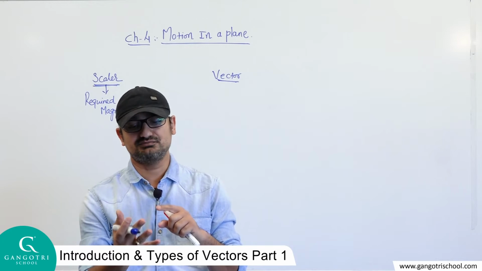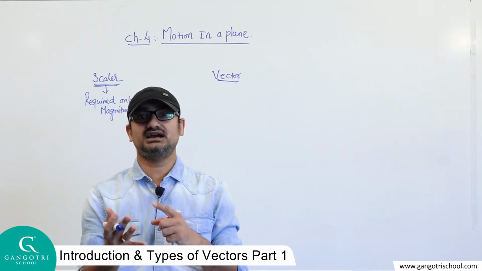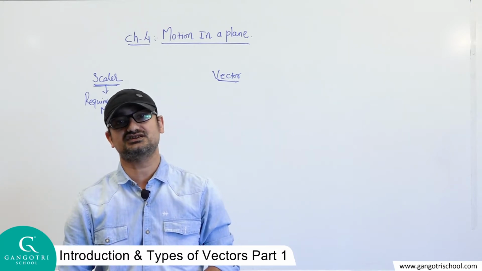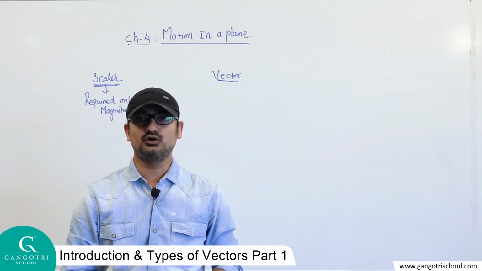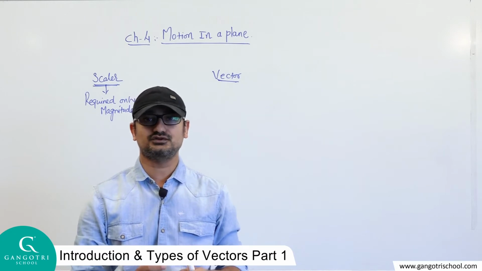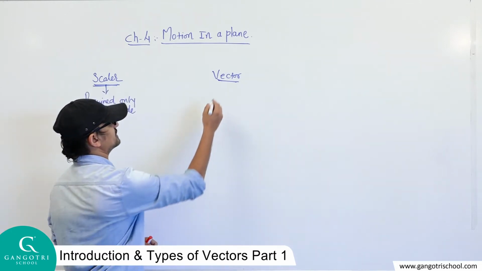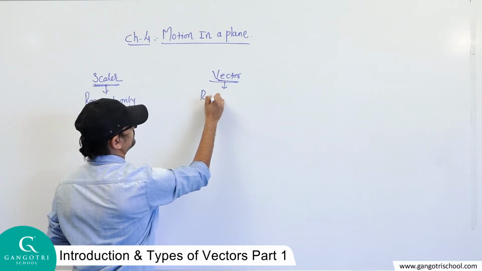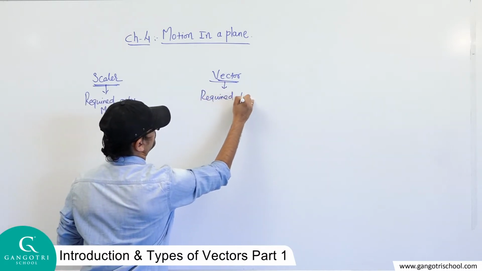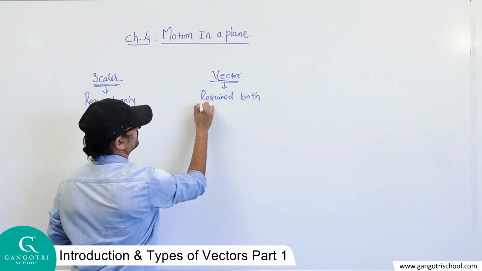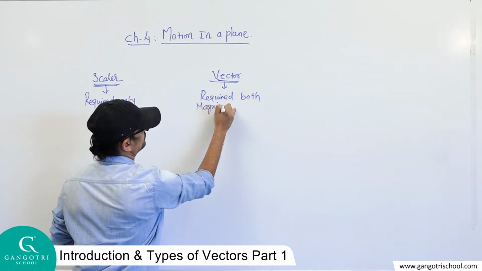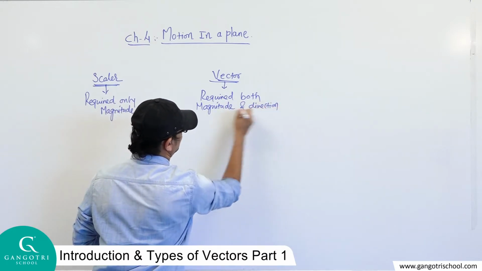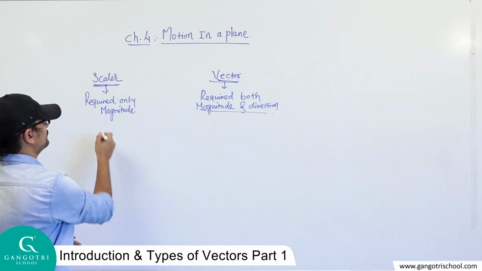How much means magnitude is involved, and in which direction is also involved. So few physical quantities in physics require both magnitude as well as direction for the description. Those physical quantities are known as vector physical quantities, which require both magnitude and direction.